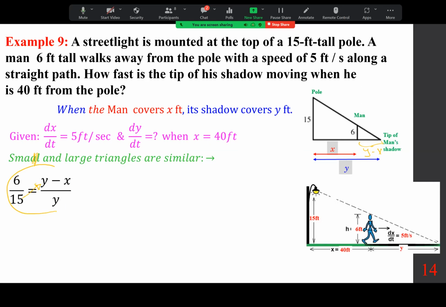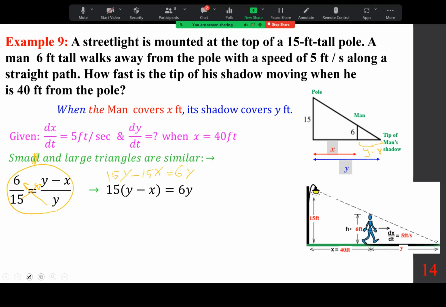So the whole thing ends up being about this equation. 15 times y minus x equals 6 times y. So I'm going to write it at top. 15y minus 15x equals 6y.